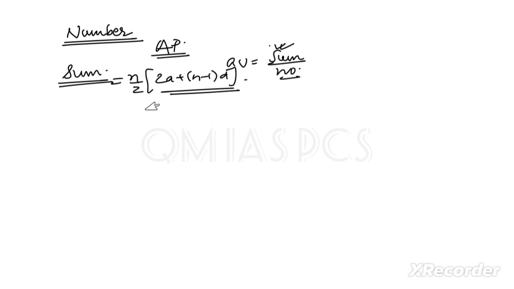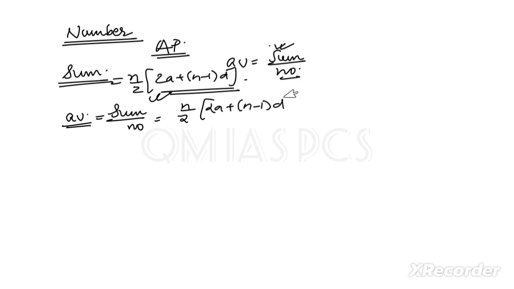So if I ask what the average value is, it will be the sum divided by the total number. The sum is n by 2 times (2a plus (n minus 1)d), divided by n, because the total number of observations is n, and this n will be cancelled out.